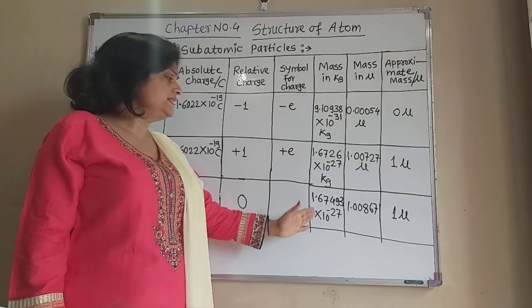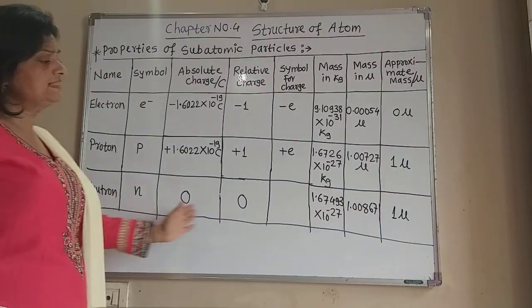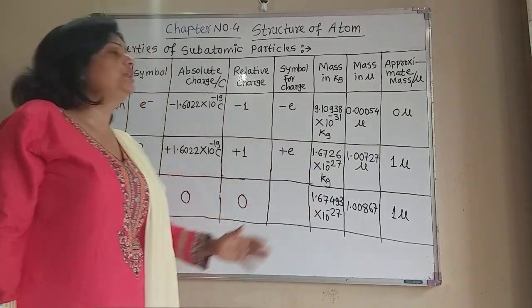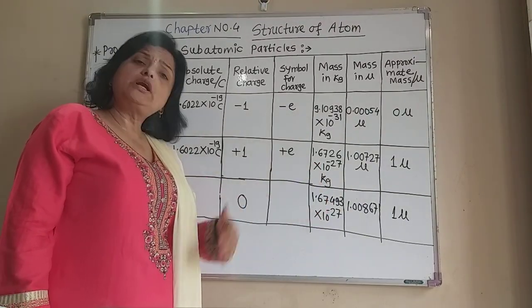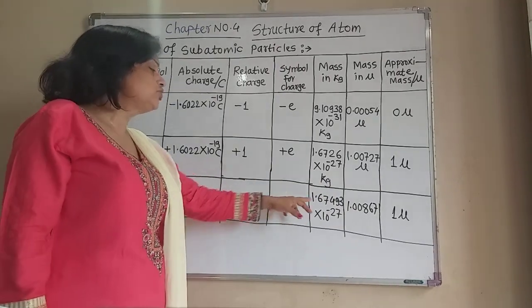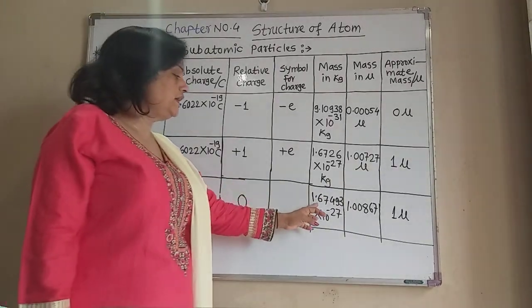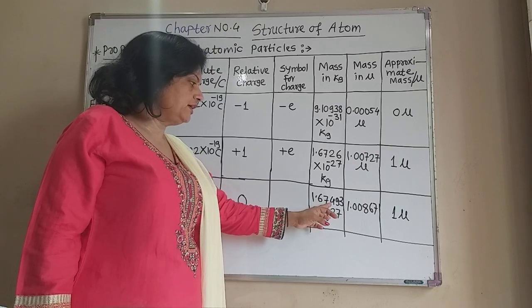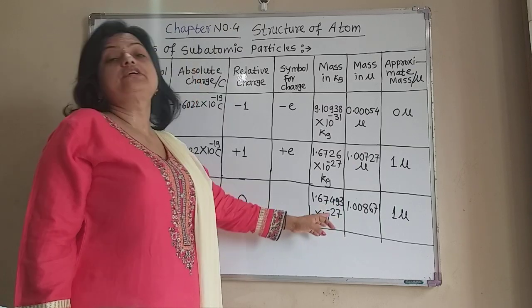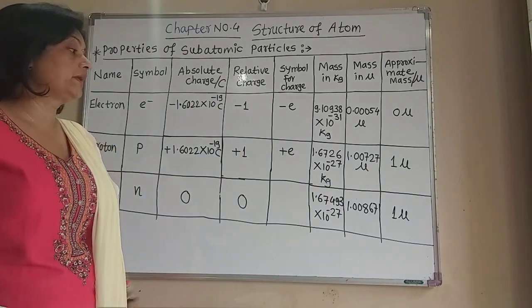Now the mass of the neutron is also nearly equal to that of the proton. See, there is only a very small difference between them. The mass of the neutron is 1.6749 into 10 raised to minus 27 kilogram.